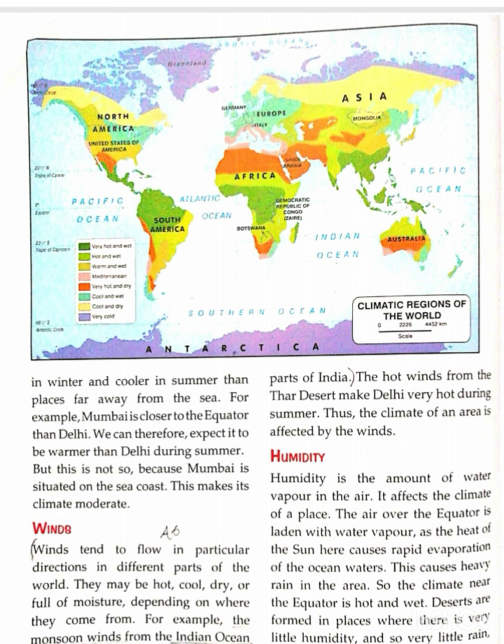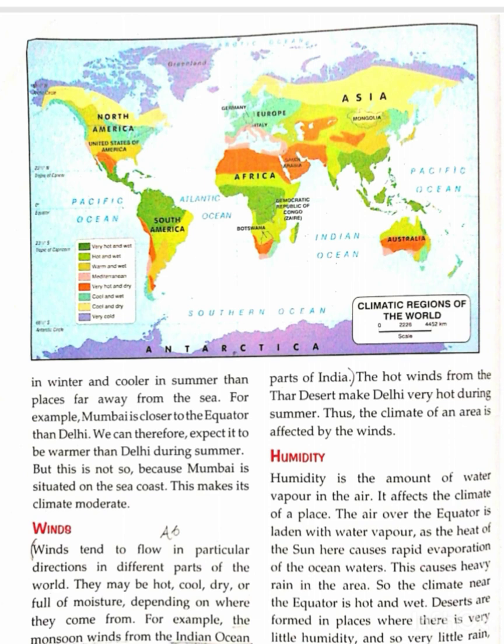So again I am repeating, understand that the places near the equator have a very extreme climate, that is very hot. Because of the hotness, the water bodies start evaporating, and because of evaporation the amount of water vapor in the air increases.